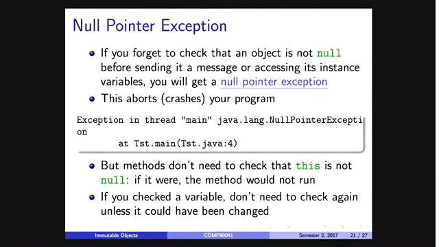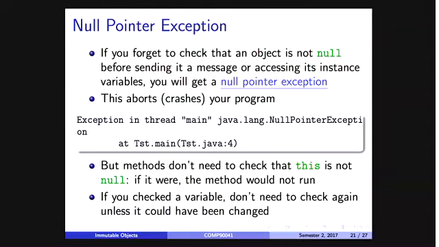So what happens if you do that and you try to send it a message? So you say p equals null, and then a little later you say p dot get full name. Bang is what happens. Your program crashes. You'll get an exception. Now you can actually catch these and make your program do something more sensible than just print that. But you shouldn't.